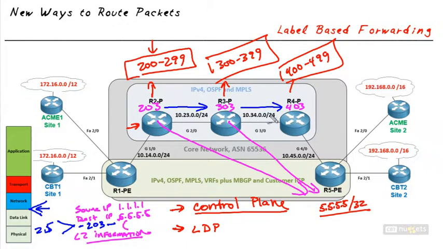So as we look at the chain of events here, the packet at point A had a label of 203. The packet at point B is going to have the label of 303. So the old label got removed, the new label got put on, and then once R3 receives it, it's going to take off that old label of 303, put on the new label of 403, and forward it over to R4. And that, my friends, is the essence of multi-protocol label switching.